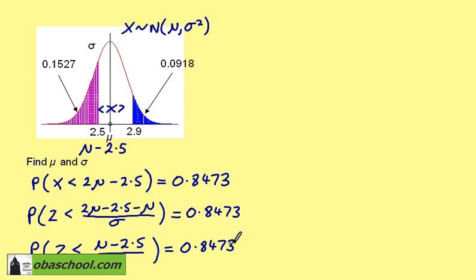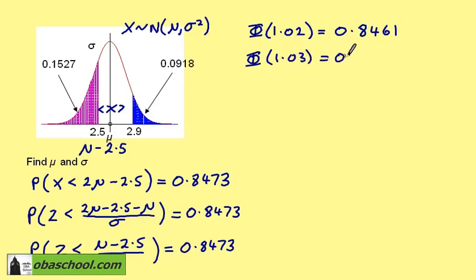I'm using a set of Edexcel tables which give z values to 2 decimal places. I can't actually find 0.8473, but what I can find is that phi of 1.02 is 0.8461, and that phi of 1.03 is equal to 0.8485.